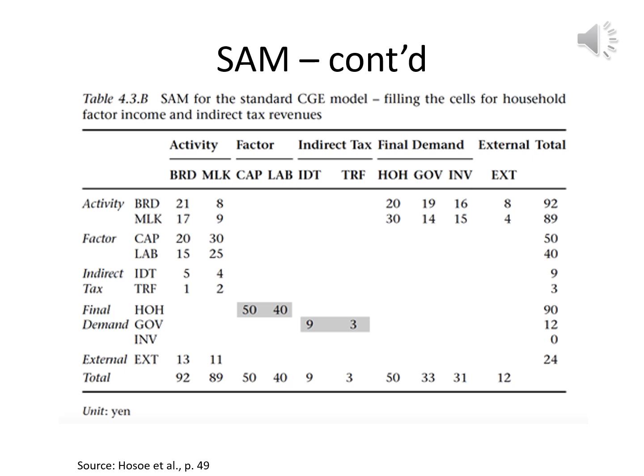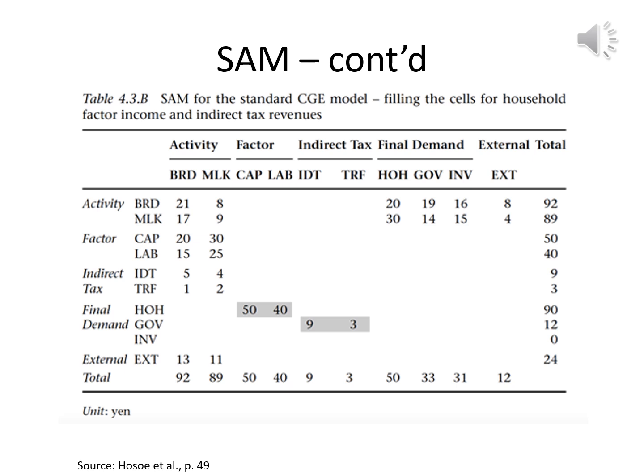So the government is receiving 9 from the IDT account and 3 from the TRF account. You can see these numbers in the second shaded area on the right side, next to the previous 50 and 40 numbers. So 9 is now paid as indirect tax to the government, and 3 as tariff revenue.